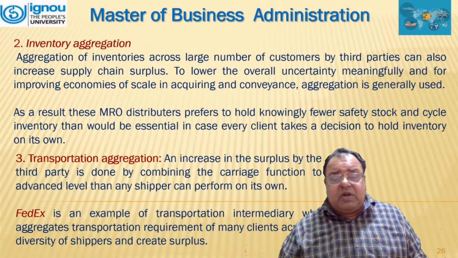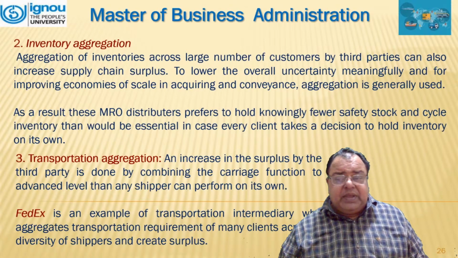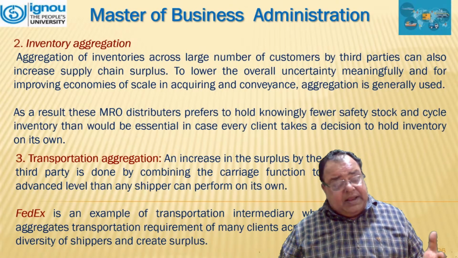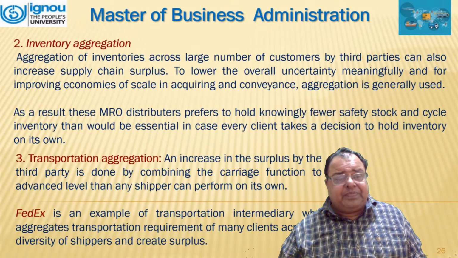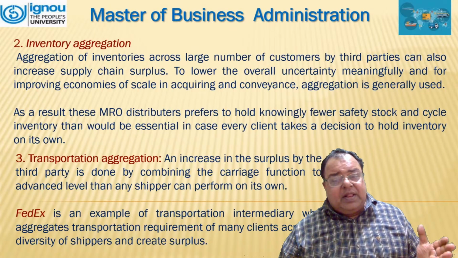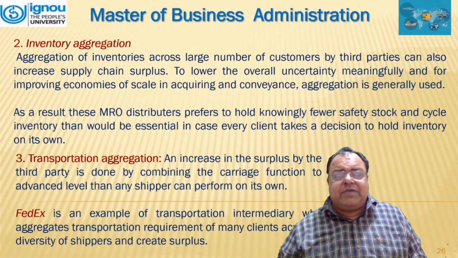To lower the overall uncertainty meaningfully and for improving economies of scale in acquiring and convenience, aggregation is generally used. As a result, these MRO distributors prefer to hold knowingly fewer safety stock and cycle inventory than would be essential in case every client takes a decision to hold inventory on its own.